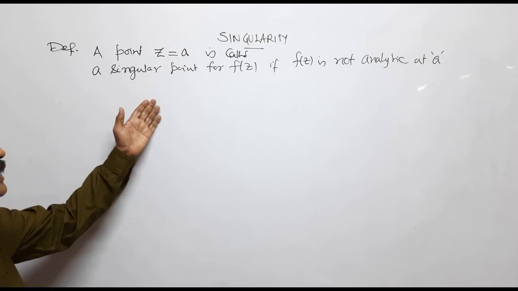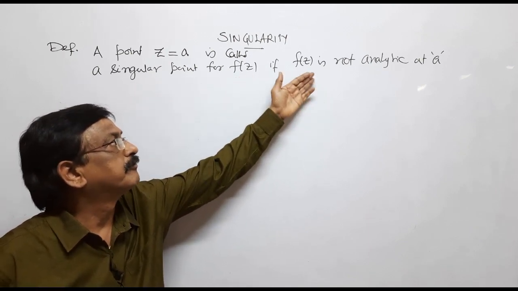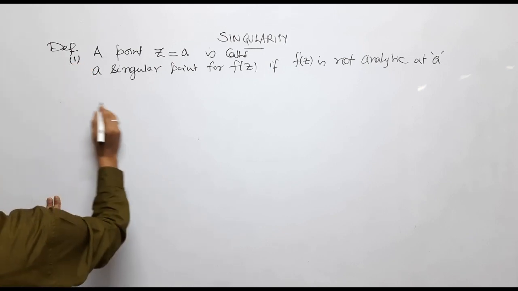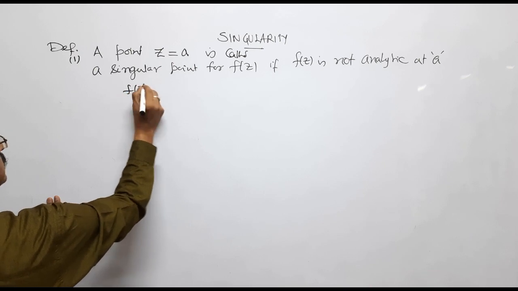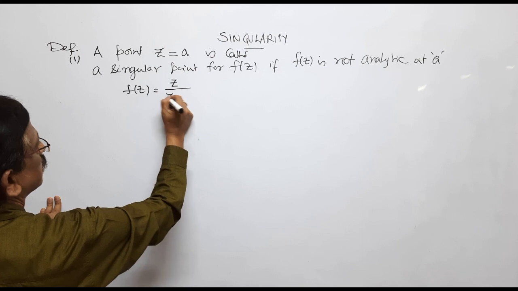So a singular point is a point at which the function is not analytic. So z equal to a is not analytic at that point. It's called a singular point. Now I will give an example. f(z) is equal to z by z minus 1.